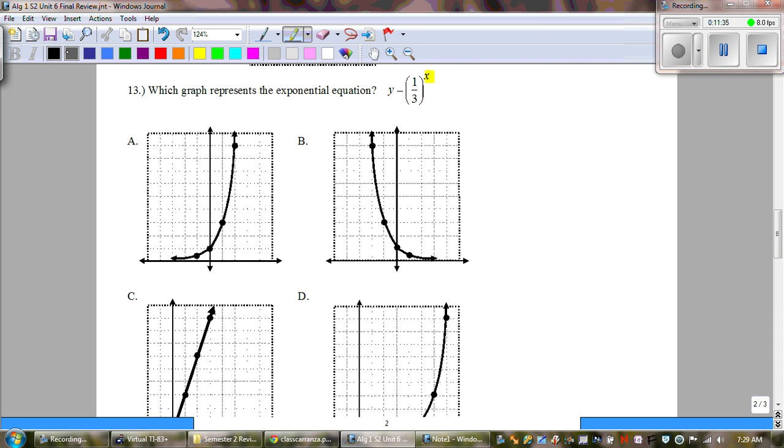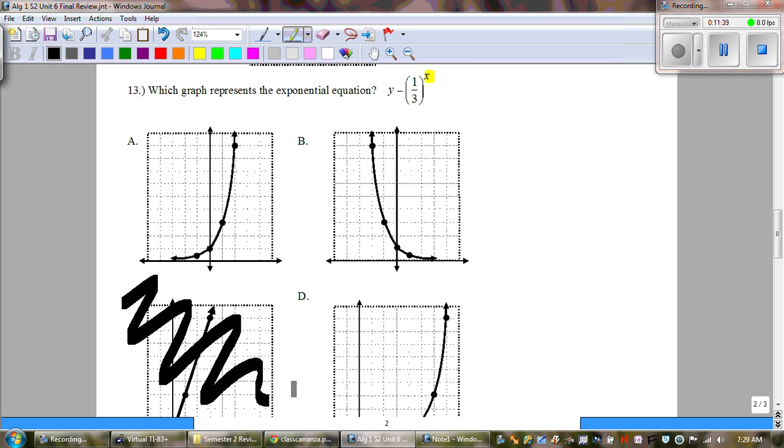And since it's going to be growth or decay, I know right away that C is not like that. All right? So, two different things that you can do. Just like our last one, we can plug some numbers in. y equals, in parentheses, 1/3.